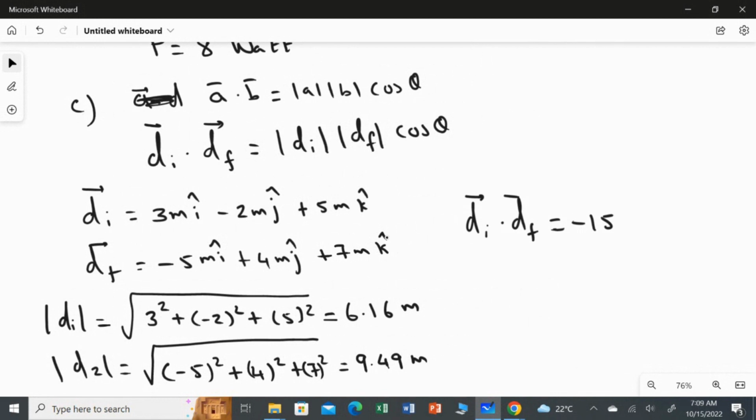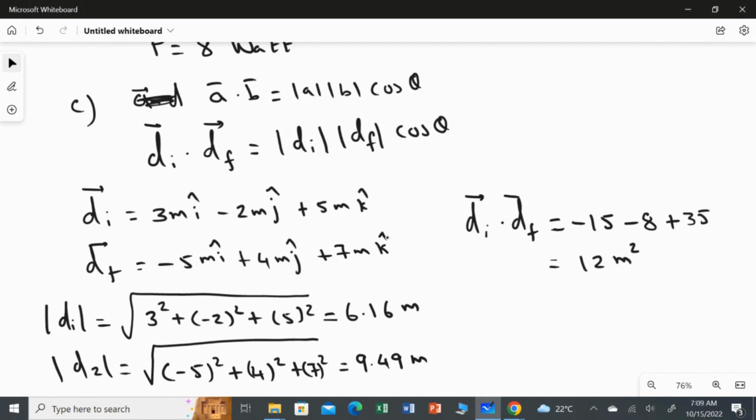Here 4 multiplied by minus 2, which is minus 8, and j dot j gives you 1. Likewise here 7 multiplied by 5 gives you 35, and k dot k is exactly equal to 1. So minus 15 minus 8 plus 35 gives the answer of 12. The unit is meter square.